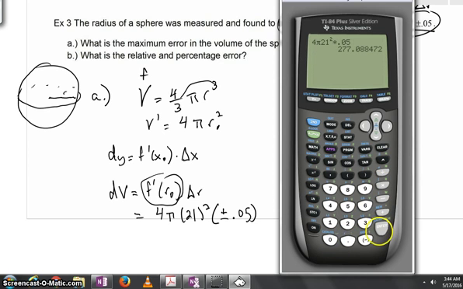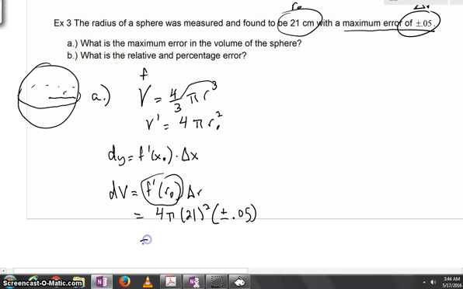You can see we're at about 277.088 cubic centimeters. That's how much error we might have in the volume of the sphere. Now, at first glance, that might sound to be excessive. That might sound to be really way too big. The big question is, is this a serious error or not?